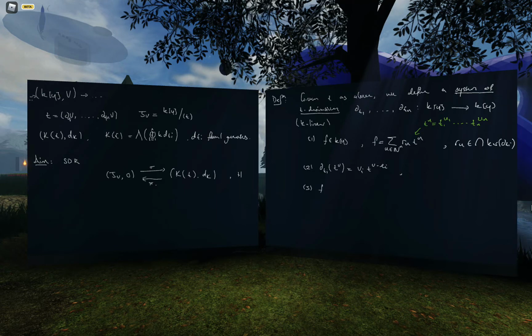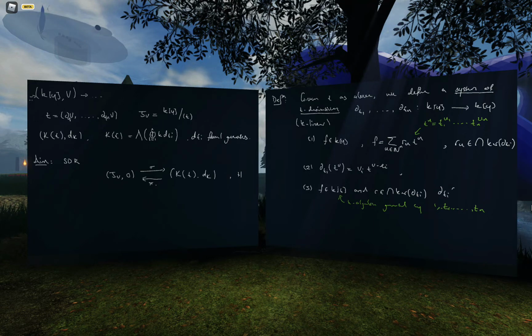And for F in KT, which is the K algebra generated by T1 through to Tn, and R in this kernel, we have that del Ti of Rf is R times del Ti of F.